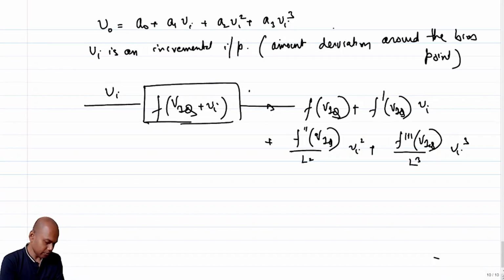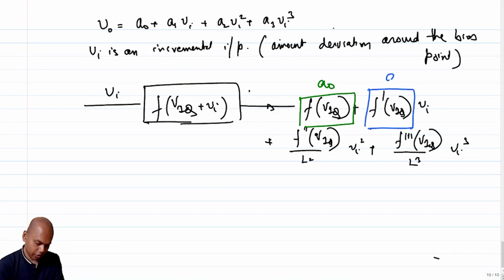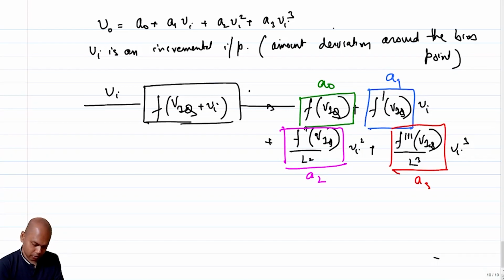And naturally, you can easily figure out from here that this is A0, this is A1, this is A2, this is A3.